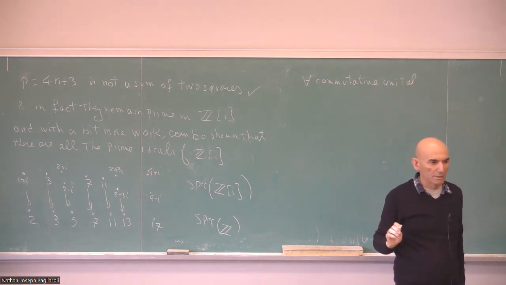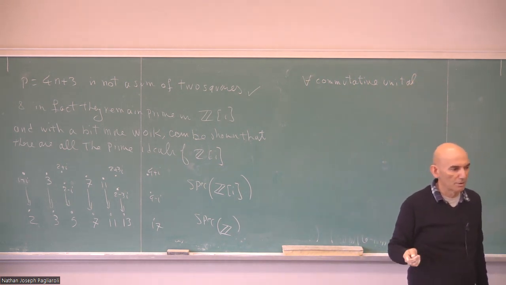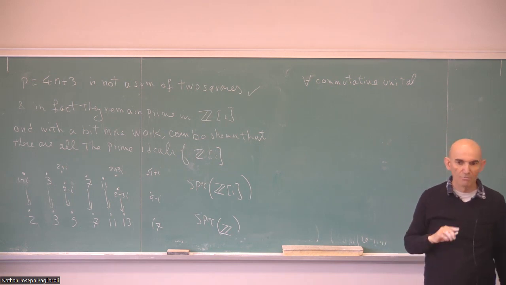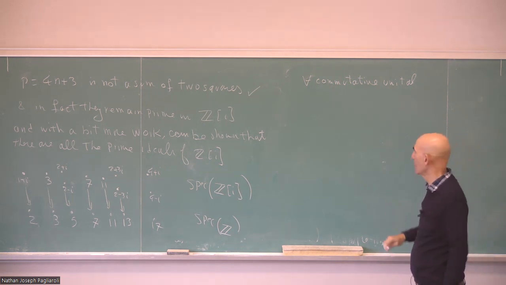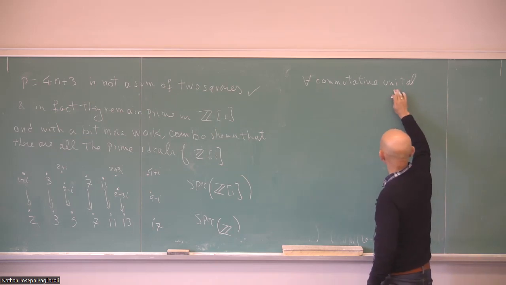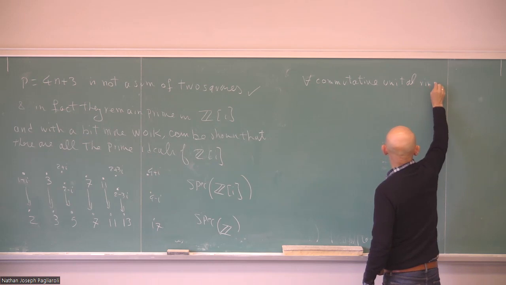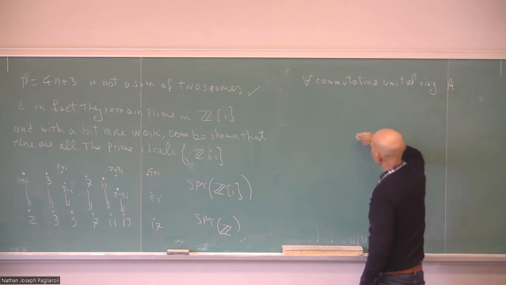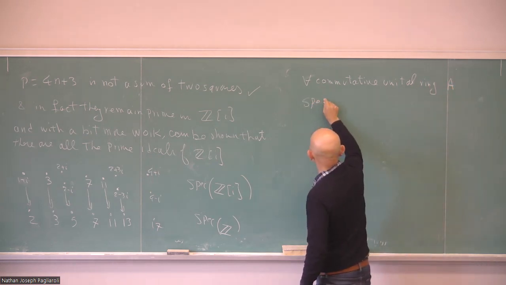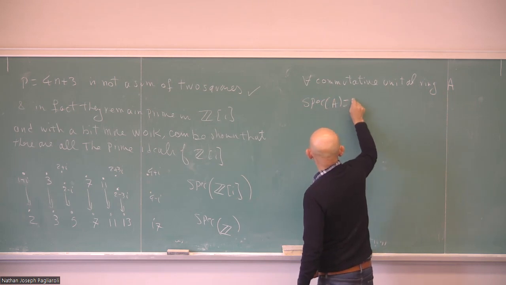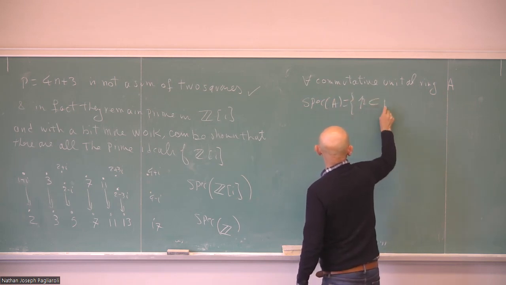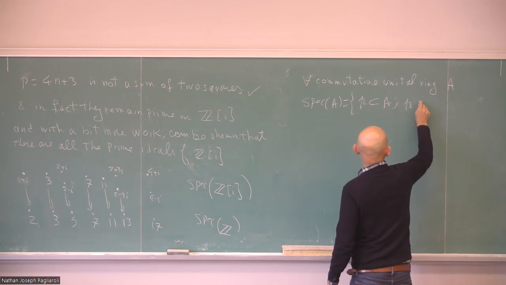Because I come from analysis, so for me a unit is not necessary, but in algebra you have to assume it. So for any commutative unital ring A, spec A is the set of all P inside A, where P is a prime ideal.